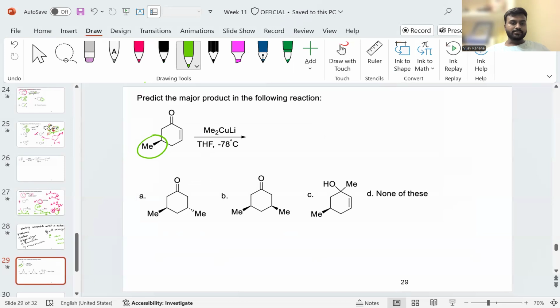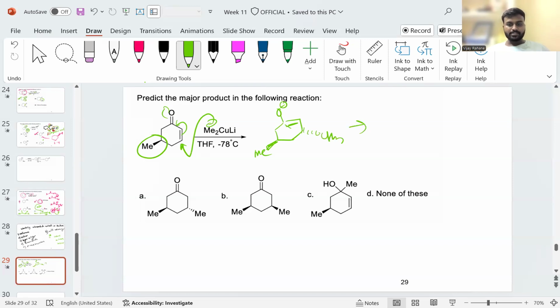So what will happen? This methyl negative attacks at the 4 position, and this is how the intermediate formation takes place. O negative. This is the methyl, and this attacking methyl will be from the downside.